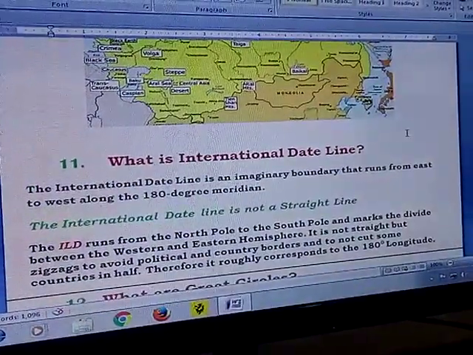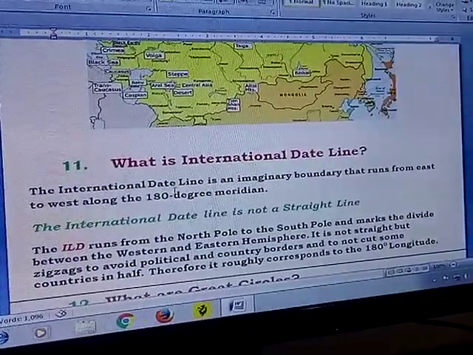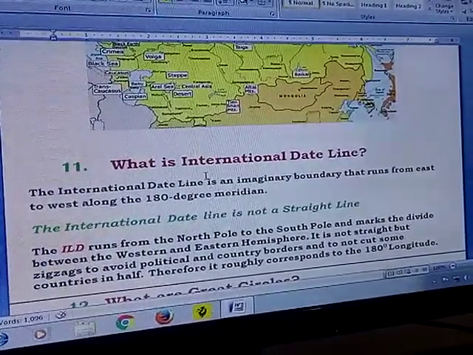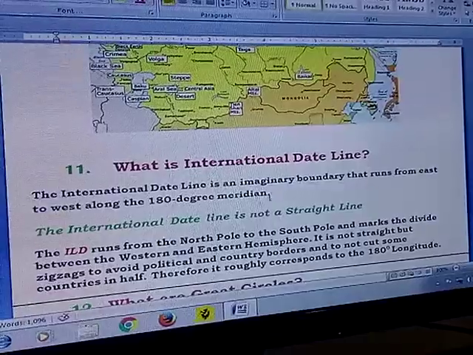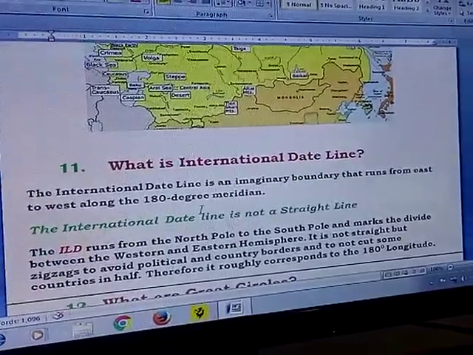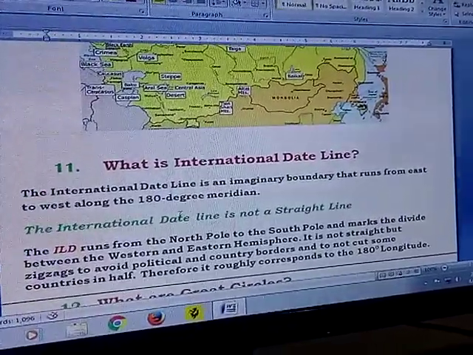What is an international date line? Our next topic is the International Date Line, IDL in short form.